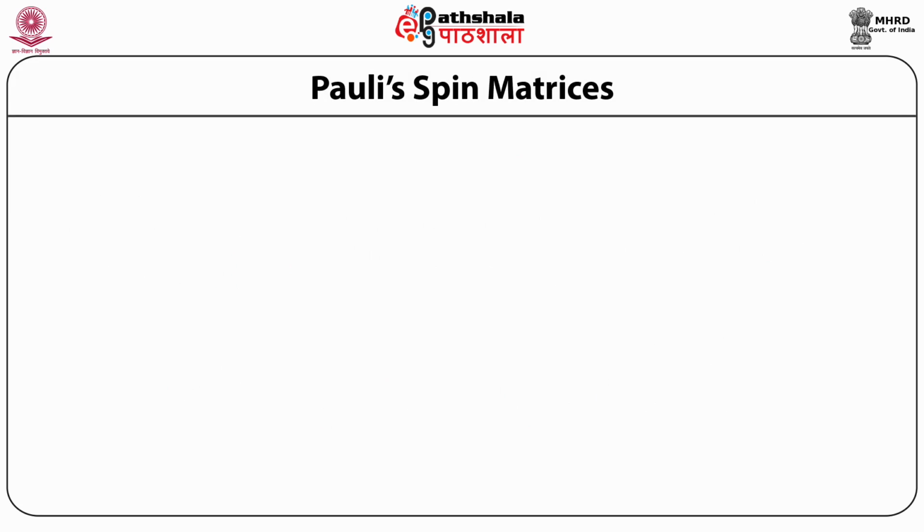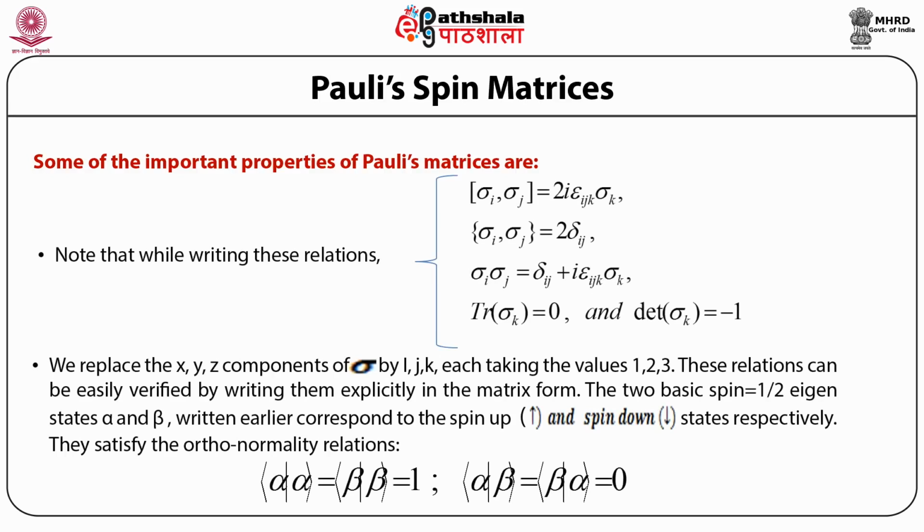Now let us discuss some of the important properties of these Pauli's spin matrices. So first of all, we see the commutation relation of these Pauli's spin matrices. Here we are using the indices i and j to denote the components x, y and z.